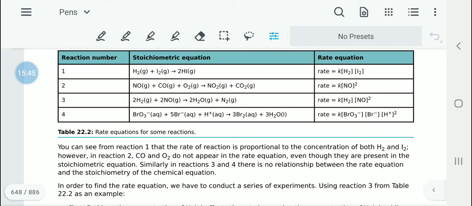So it depends only on the nitrogen monoxide, so it is a square rule. That is also something that you need to remember. Similarly, in reactions 3 and 4, there is no relationship between the rate equation and the stoichiometry of the chemical equation. That is the reason why we said that it can only be found by experimentation.